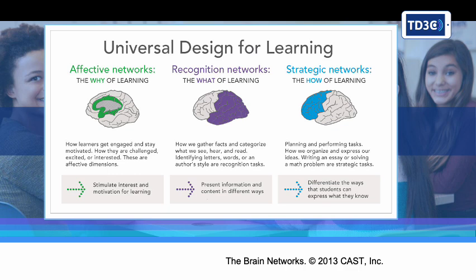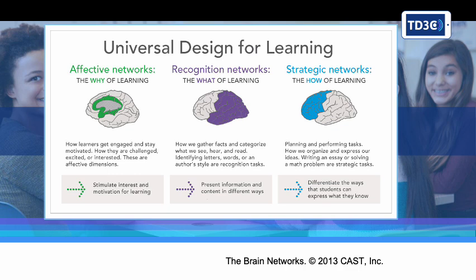The other part is the recognition network, where we gather all the facts that we are exposed to. It's the place where we categorize what we see, hear, and read. And it's how we identify the information that is presented to us, that is stored in our brain in diverse ways. And the how is connected to our strategic network.